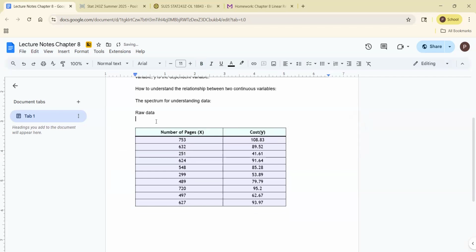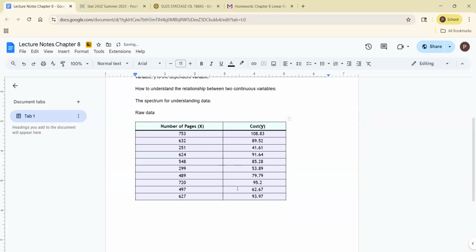So there's our raw data. It gives us all the detail, but it's pretty hard to understand the relationship. I might look at this 251 and notice it's got a pretty small cost of $41, and the 753 seems to have a bigger cost of $108. But understanding that relationship can be pretty challenging.